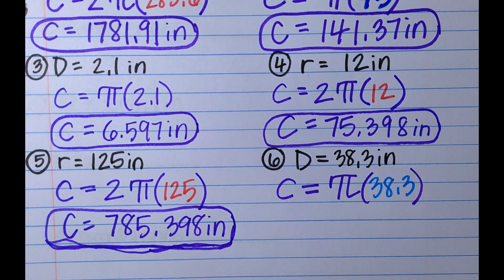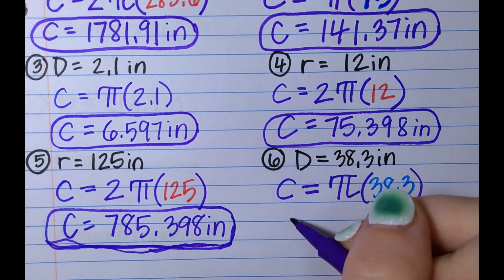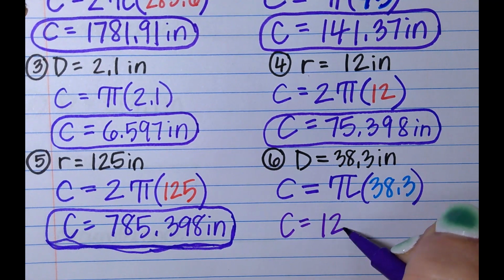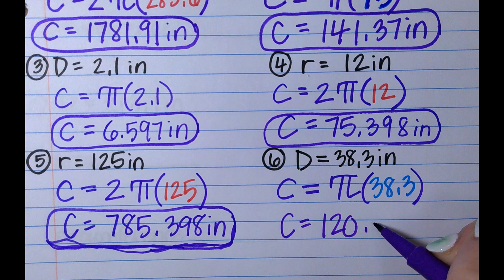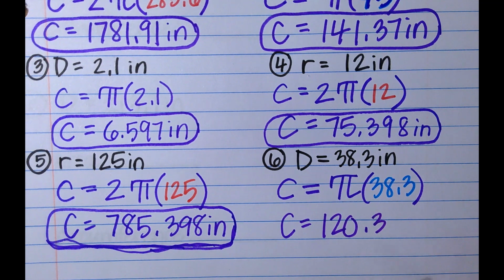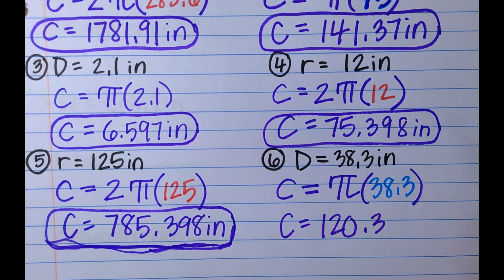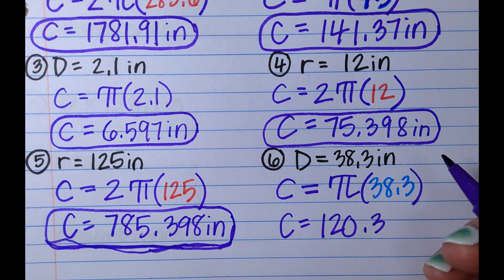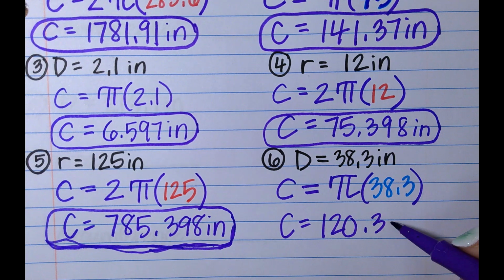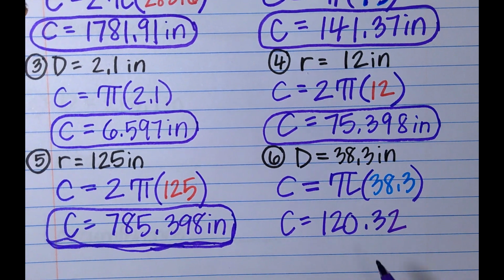And that should give us 120.32. Or if you're doing 3 decimal places, because I know we did on the last few, it'd be 120.323. I'm just going to write 120.32 inches.